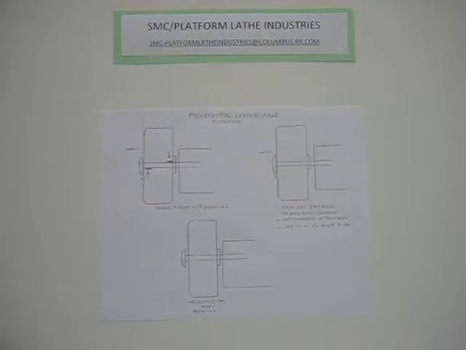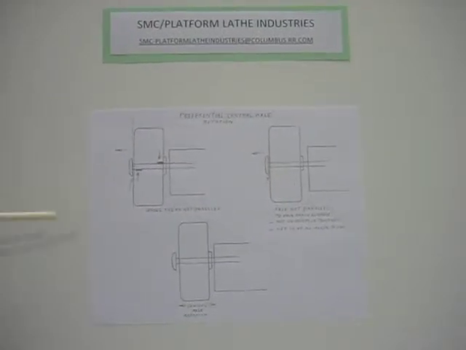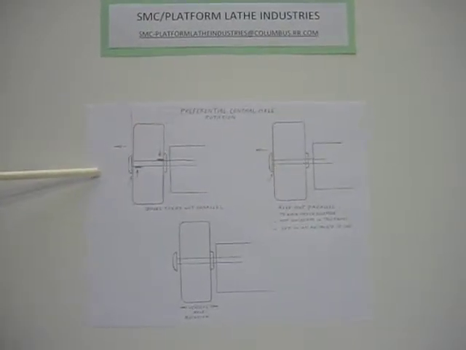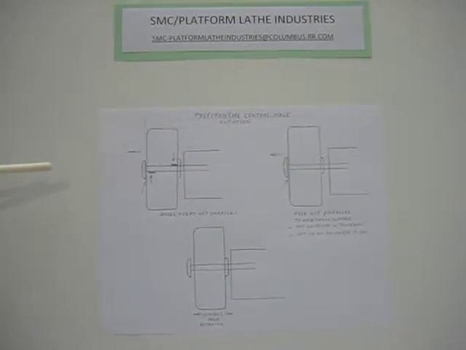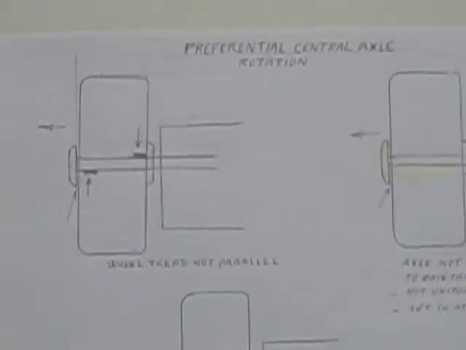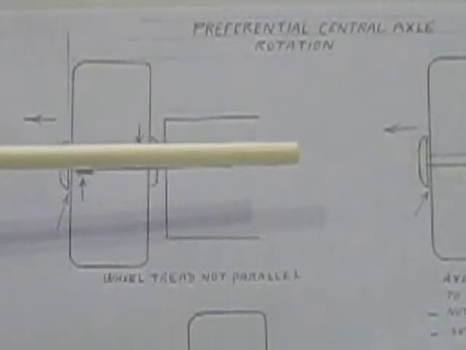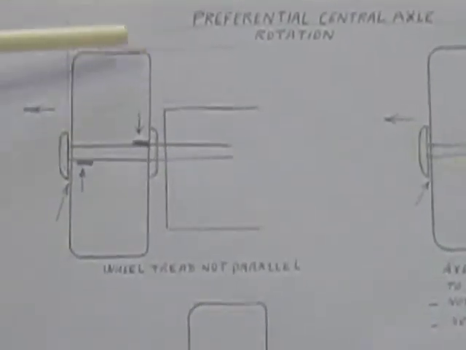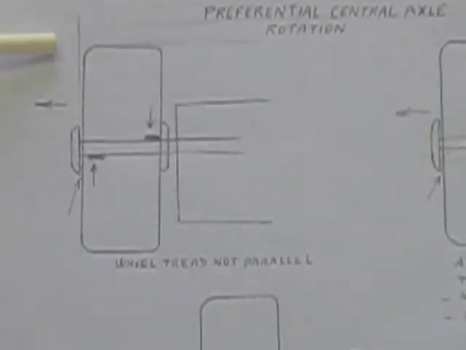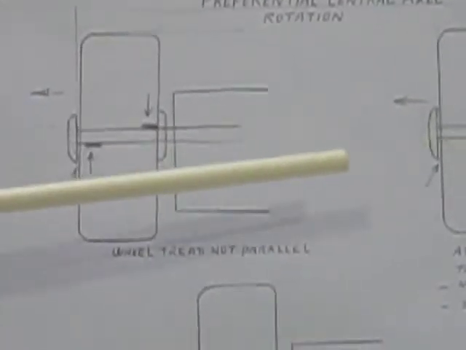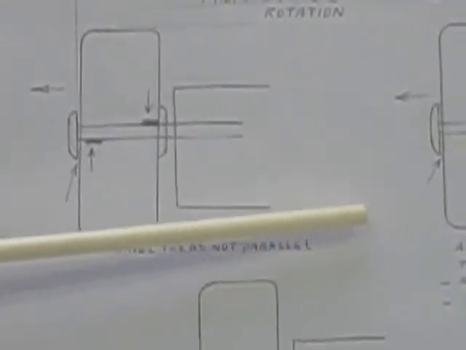To illustrate this concept, in this example we have a wheel tread which is not parallel or 180 degrees to the axis of rotation. The inner diameter is slightly smaller than the outer diameter, which produces a tread which is slightly angled to the racetrack surface.